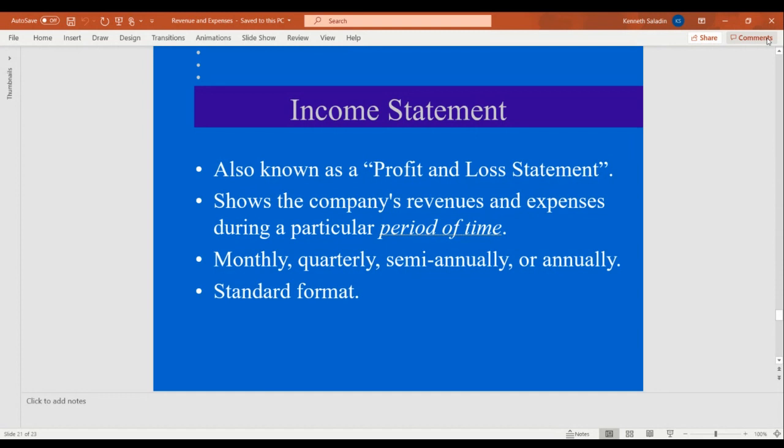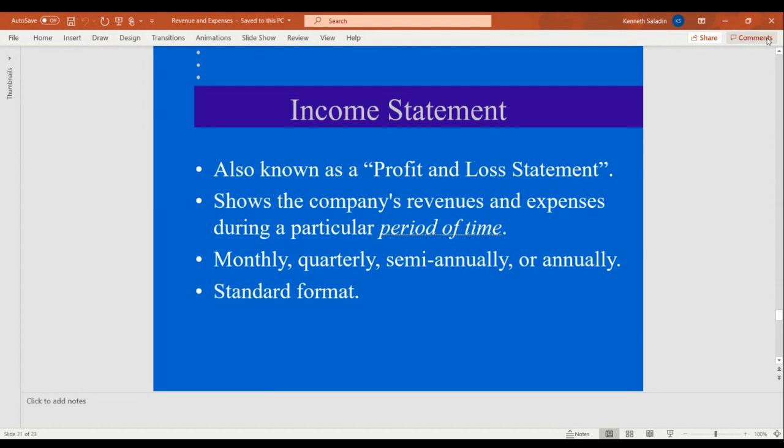So what is that period of time? Well, a company could generate an income statement every month or every quarter or semi-annually, which would be every 6 months. And then all companies would generate an income statement at the end of their business year.